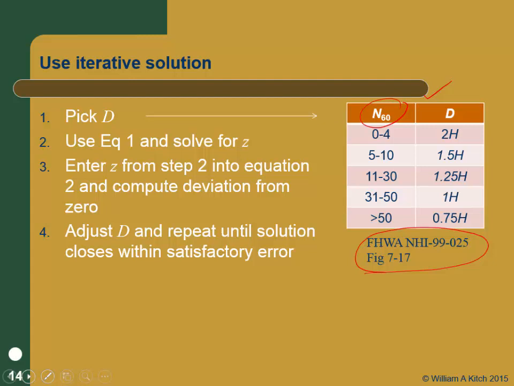You can do this with a spreadsheet in 5 or 6 iterations, in a few seconds, so it's pretty easy to do. And you'll get to do it for your next design problem.